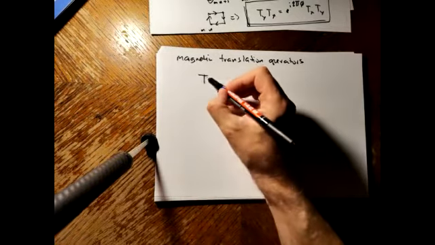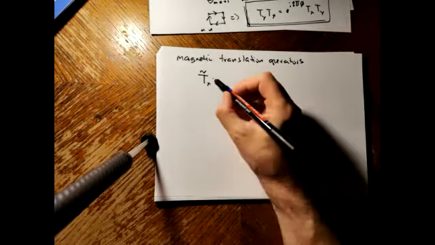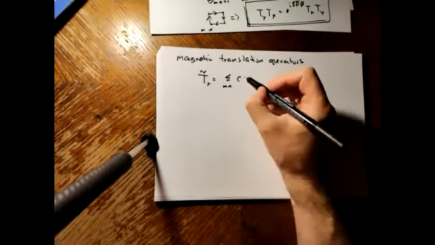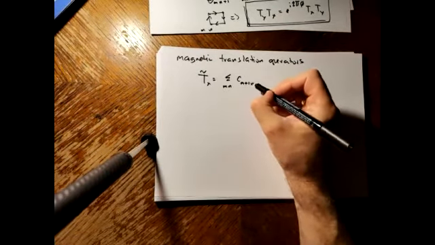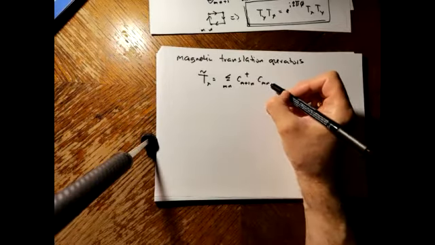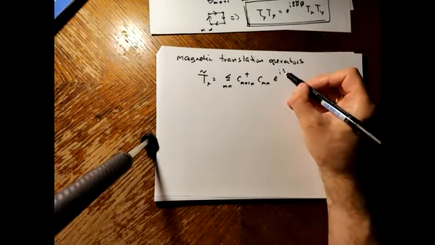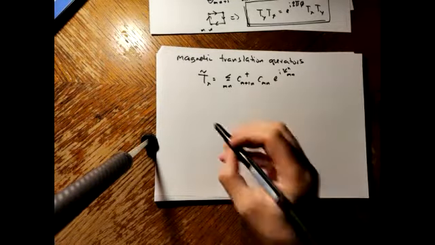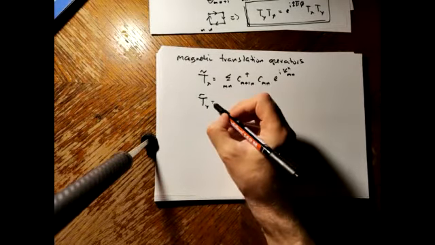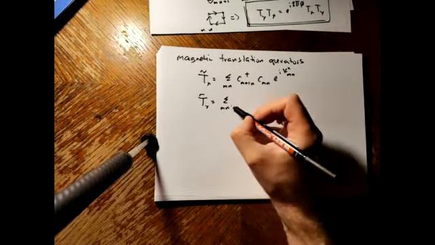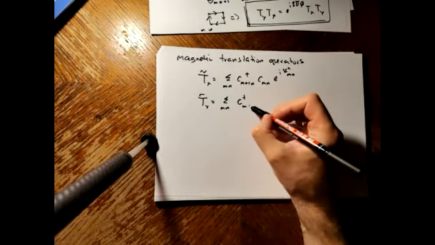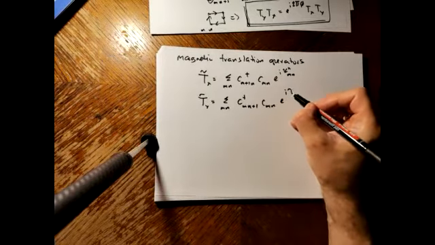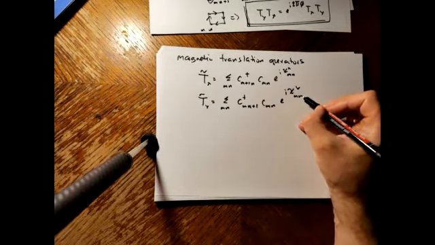I'm going to call my operator Tx tilde, and I'm going to take it to be of the form sum over mn of c dagger m plus 1 n, c m n, e to the i, and I will add a phase here, which I'm going to call chi x m n. And then likewise, I'm also going to define an operator c dagger m n plus 1, c m n, e to the i chi y m n.